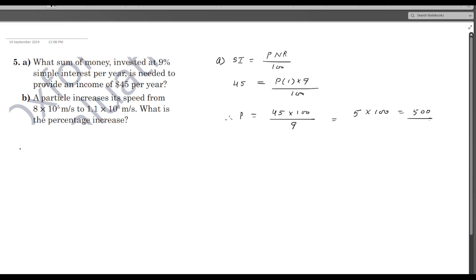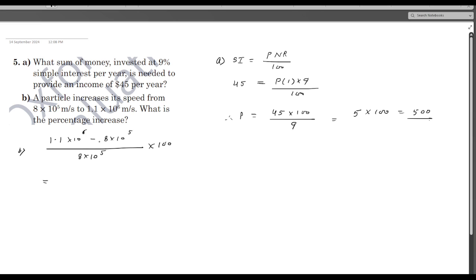Okay, B part. A particle increases its speed from 8 into 10 power 5 meter per second to 1.1 into 10 power 6 meter per second. What is the percentage increase? So percentage increase means your increase, which is 1.1 into 10 power 6 minus your original value, which is 8 into 10 power 5, divided by your original value, which is 8 into 10 power 5, times 100. This is your percentage increase in the particle's speed.